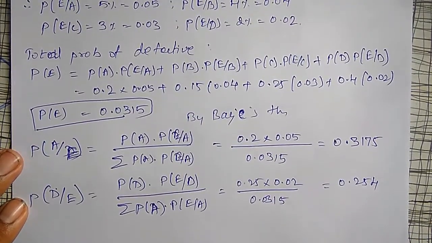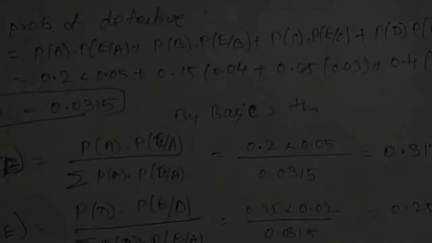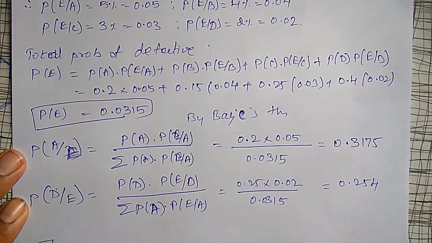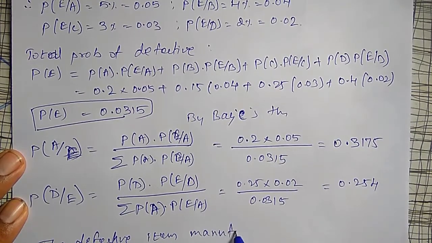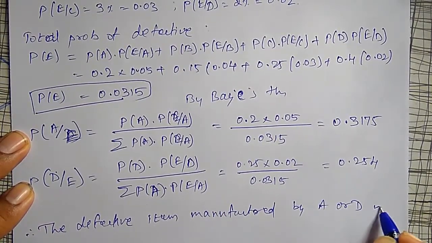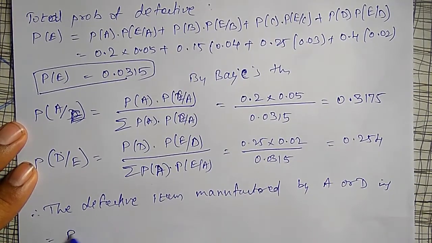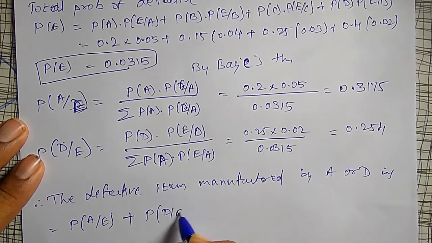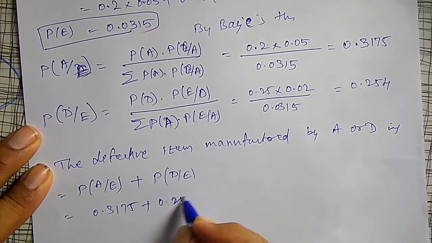Okay, therefore the defective item manufactured by A or D is given by probability of A relative to E plus probability of D relative to E, which is equal to 0.3175 plus 0.254.